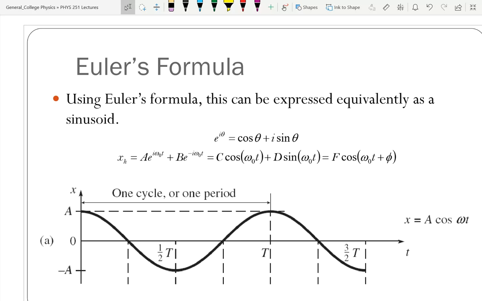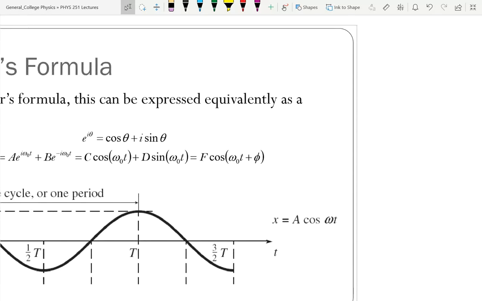We can also take the definition that comes from Euler's relation. e to the i theta is equal to cosine theta plus i sine theta. You ever seen that? It's true. Another way of defining cosine theta is e to the i theta plus e to the minus i theta over 2.